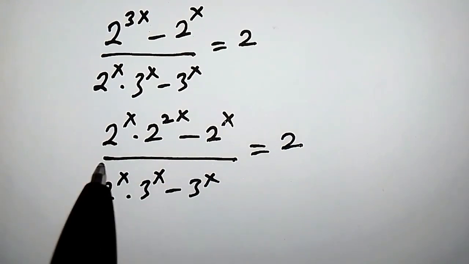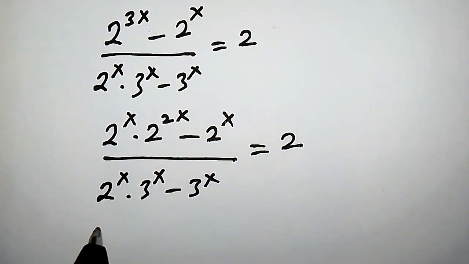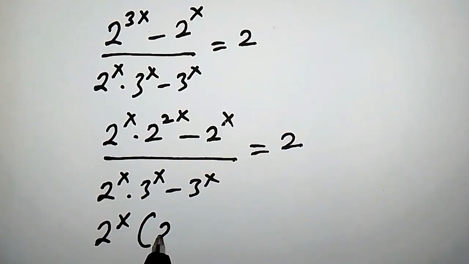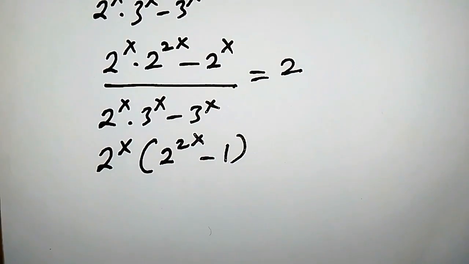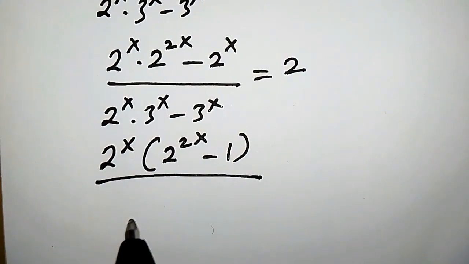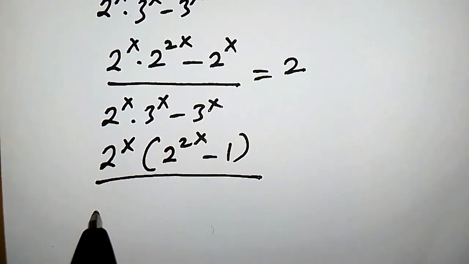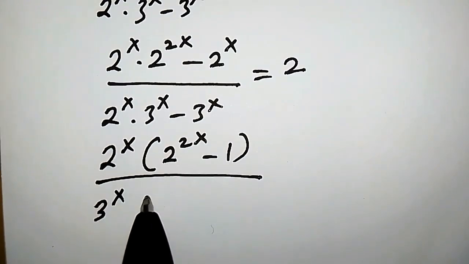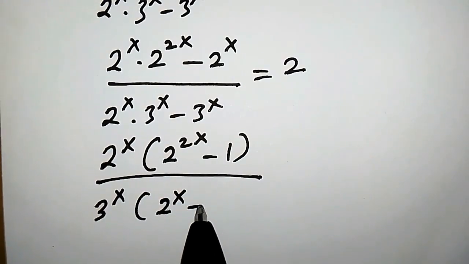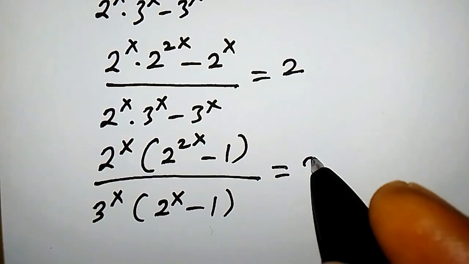From this numerator, 2 to the power of x is common. If we factor it out, we have 2^x into 2^(2x) minus 1, divided by, you will also notice that at this denominator 3^x is common, so we have 3^x into 2^x minus 1, equal to 2.